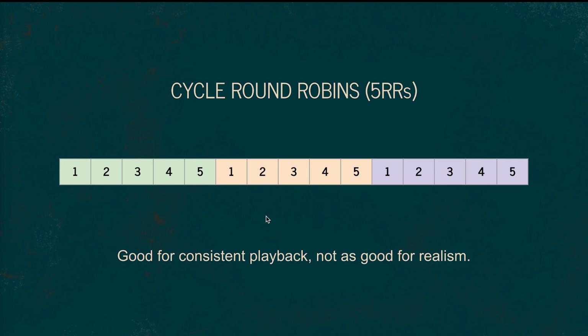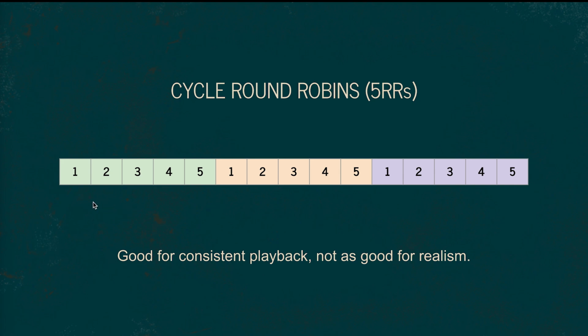And this is good for a consistent playback, but not good for realism because you're going to have a pattern here that's potentially noticeable by the listener depending on the musical material you're playing. The good thing about it is that when you print your stems for your finicky, impossible to please director or ad client or whoever it is, it will always sound the same.